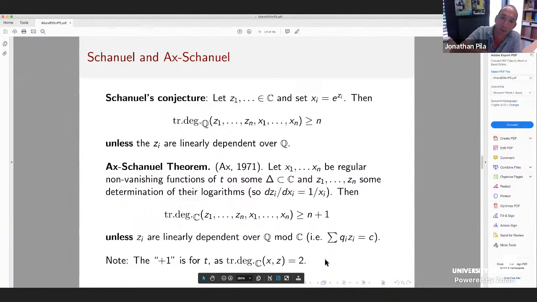So every time you add one more pair, your transcendence degree has to go up by at least 1, unless you violate this linear dependence over Q mod C condition. So that is the Ax-Schanuel theorem.